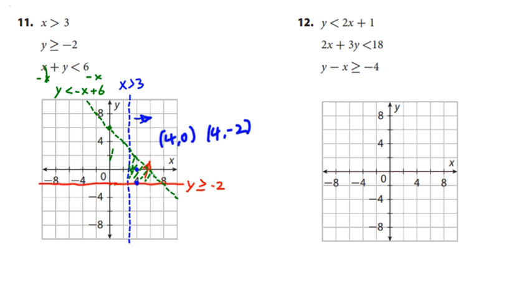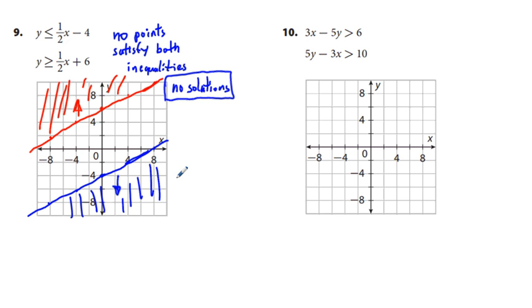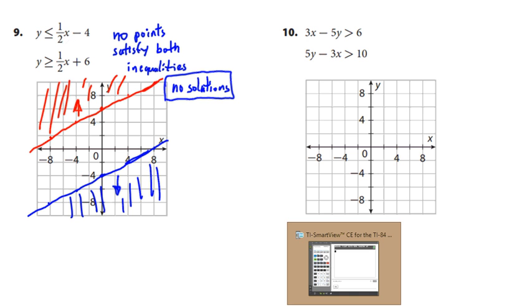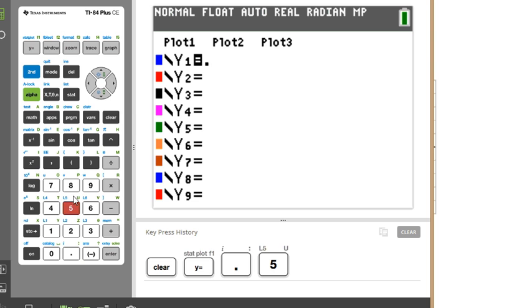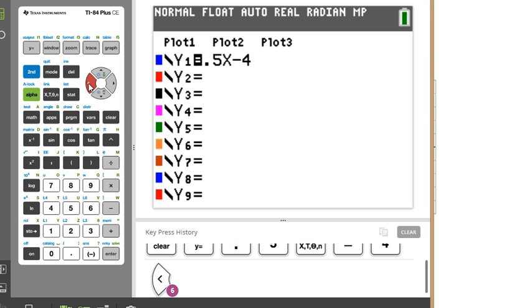I want to go do one more thing to show you how you can graph this on the calculator, number 9. So I go to y equals, and we have number 9 less than or equal to 1/2 x. So 0.5x is the TI-84 CE calculator. And then we can come over to the left and put in this equal sign. We can actually change that.